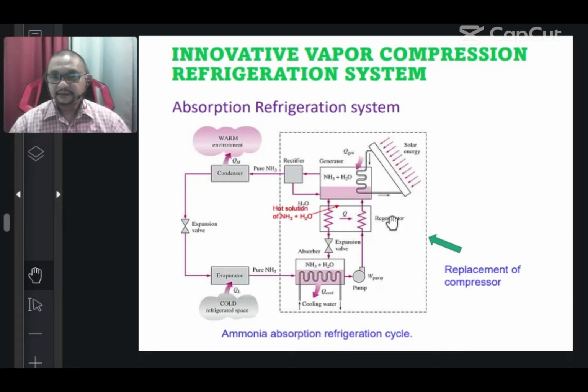So this is an ammonia absorption refrigeration system. Okay, so as you look at this figure, what happened? The dotted line is the replacement of the compressor. So that means we take the free or inexpensive energy resource, for example here from solar energy.